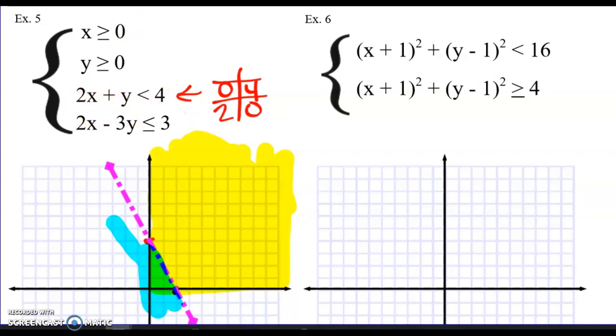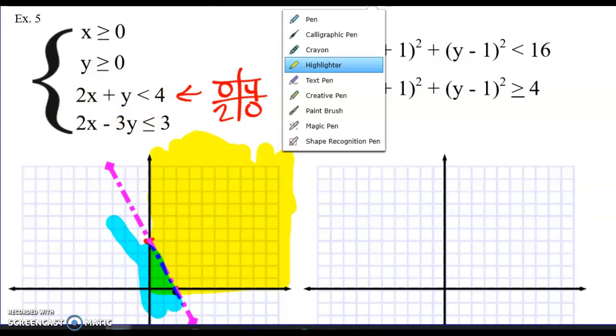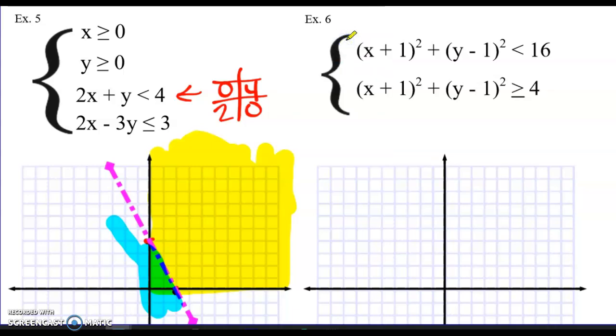And then the last one, that's not super pretty. So I think I'm going to solve that one for y. So 2x minus 3y is less than or equal to 3. I'm going to subtract the 2x to the other side.